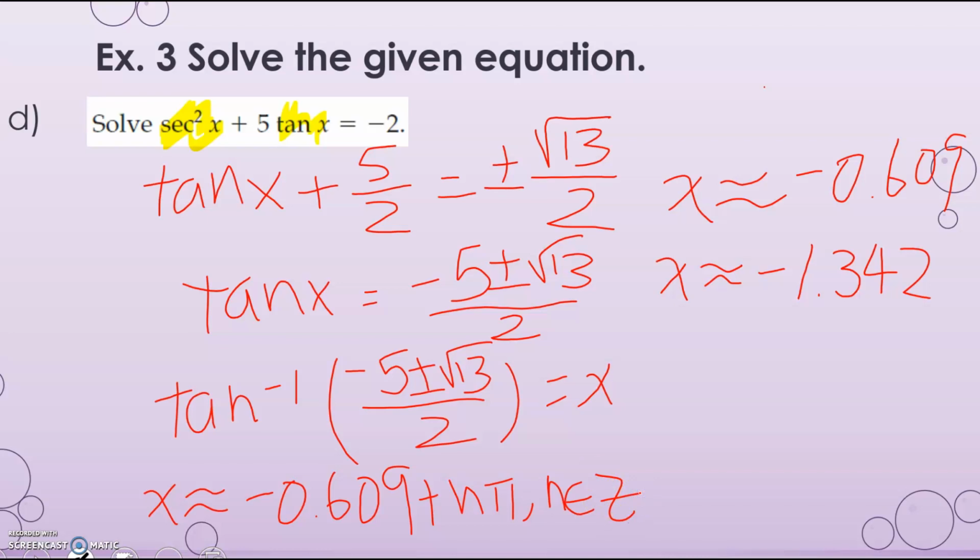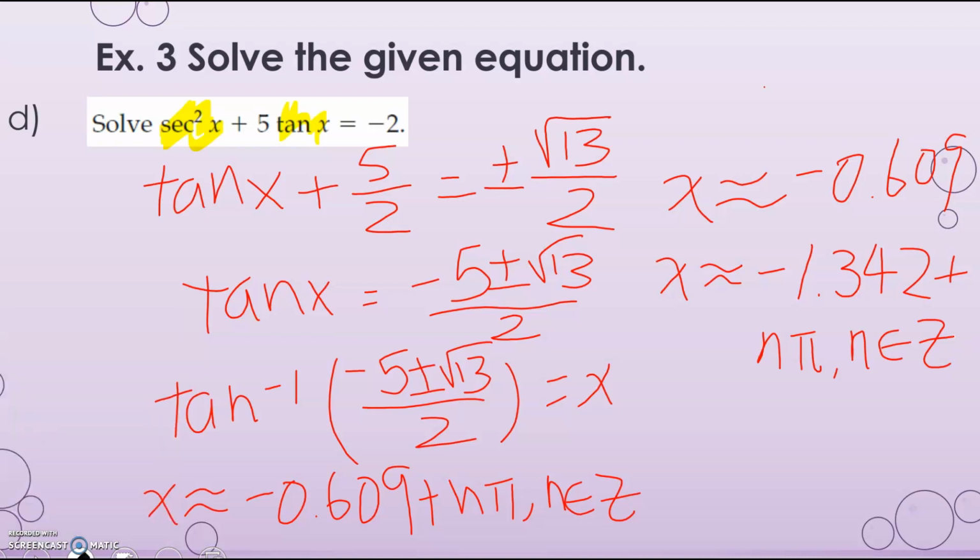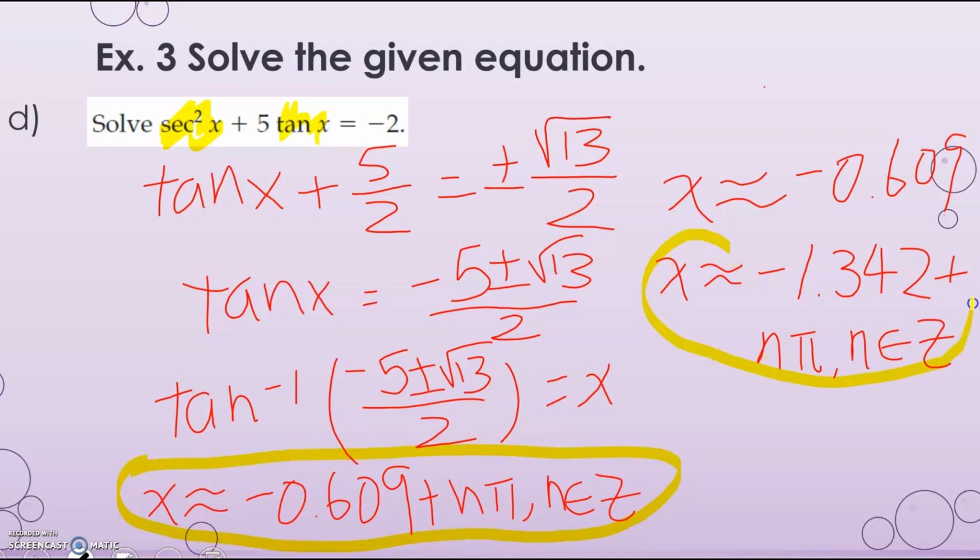And this is negative 1.342 plus, again, n pi. And we're talking about n being an element of the integers. Okay. So these two are the solutions we're looking for. Okay, so you guys are going to highlight this and this.